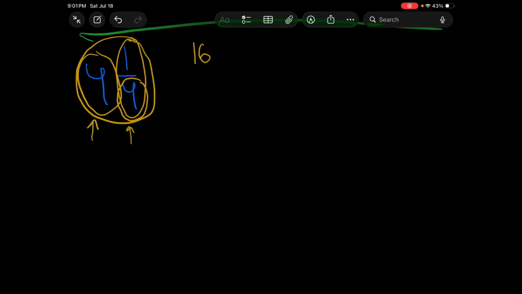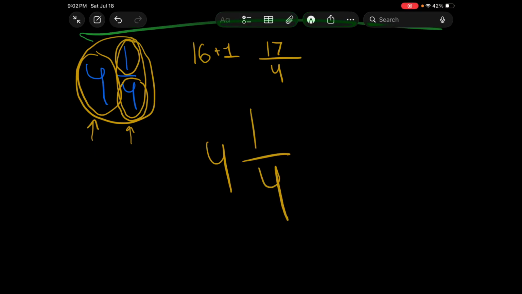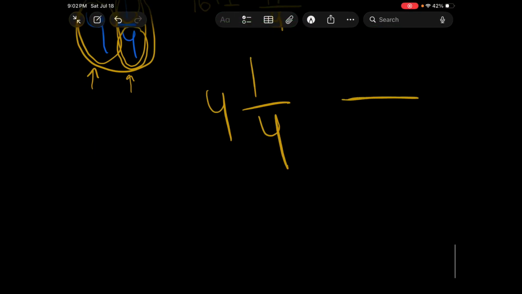But what about this one piece here? You ate that one piece too. You didn't just leave that behind. So you ate 16 plus 1, 17 pieces of pizza, which means that your improper fraction is 17/4.